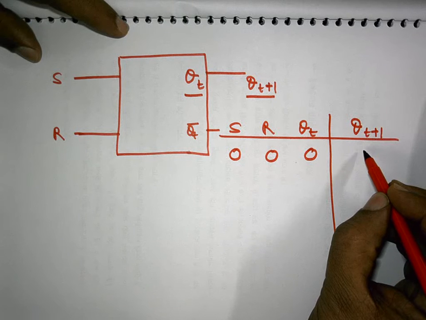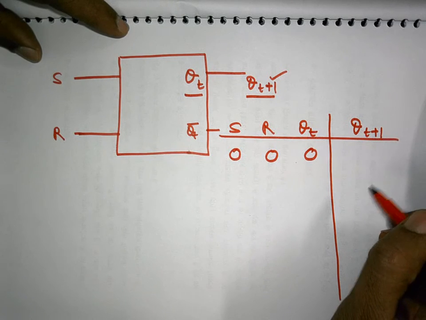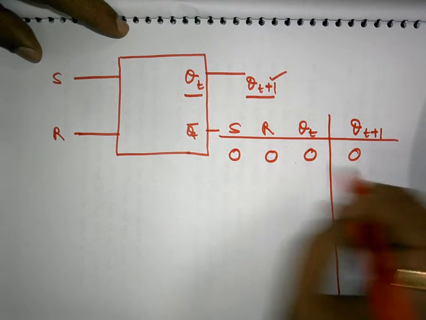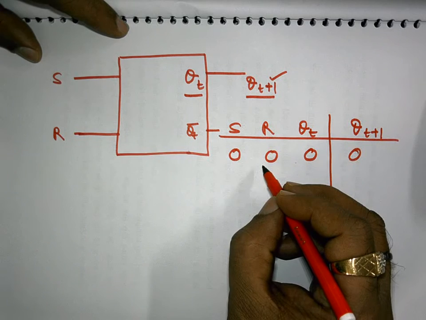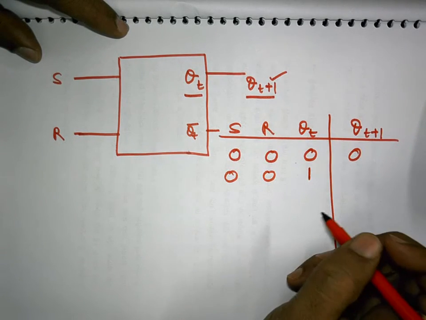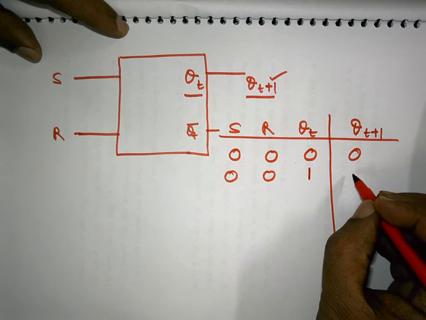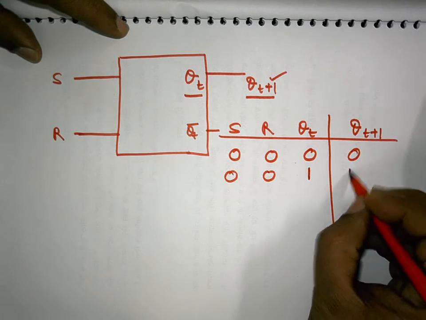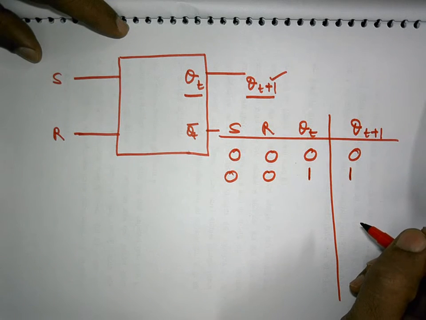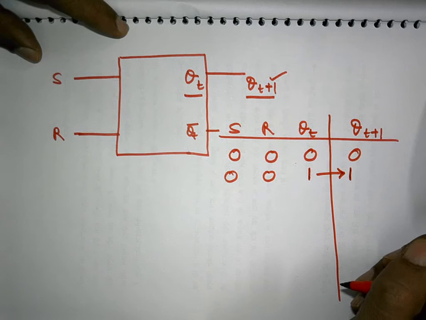At the next moment, this will be 0 because this is a no change situation. Suppose S was 0, R was 0 and Qt was 1. What will happen to Qt plus 1? This will be 1, because this was 1 and there will be no change in the output. So it will remain 1.